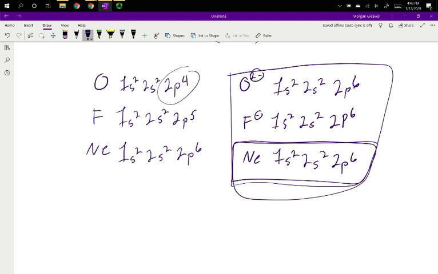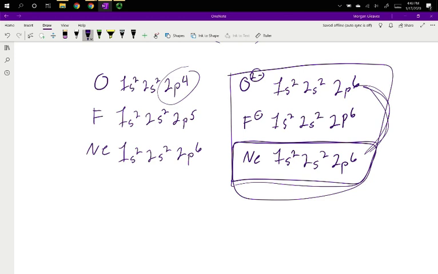So in the second row of the periodic table, we've got lithium, beryllium, boron, carbon, nitrogen, oxygen, fluorine, neon. And fluorine becomes fluoride, and we have the exact same electron configuration as the noble gas. Oxygen becomes oxide, and we have exactly the same electron configuration as the noble gas.